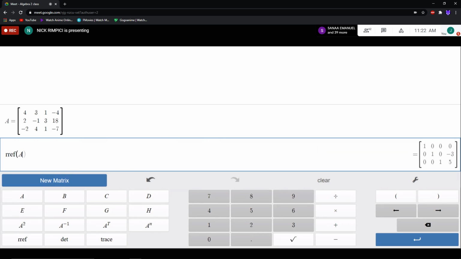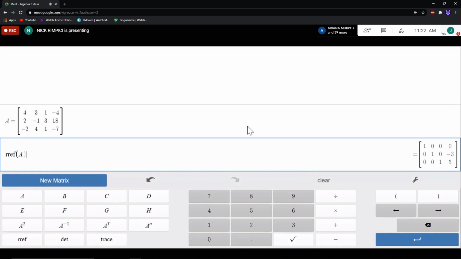I have my 1, 0, 0, 0, 1, 0, 0, 0, 1, so diagonals of ones and zeros every other place. It comes out exactly as I want it to. And I have 0 for X, negative 3 for Y, and 5 for Z. Let me write this down. X is 0, Y is negative 3, and Z is 5.